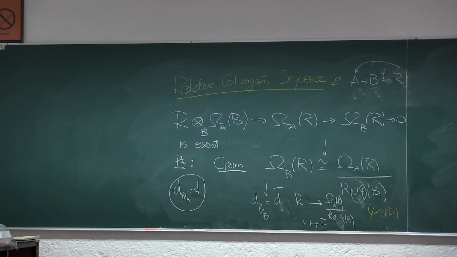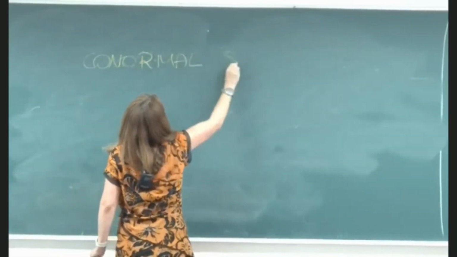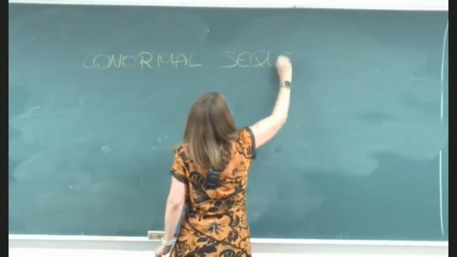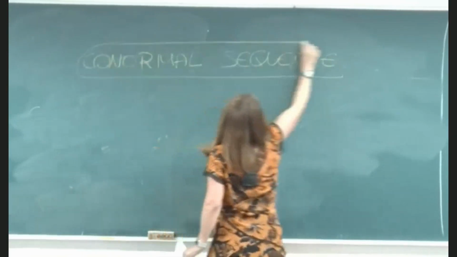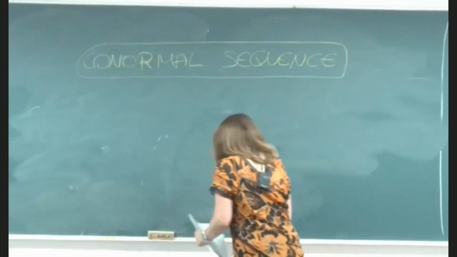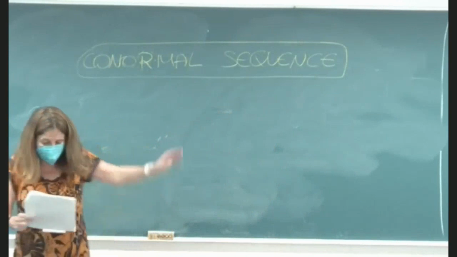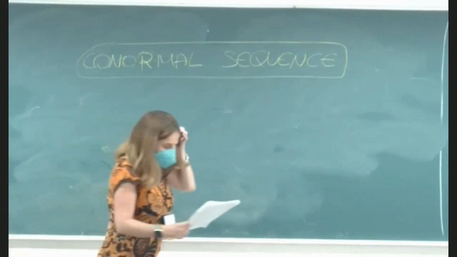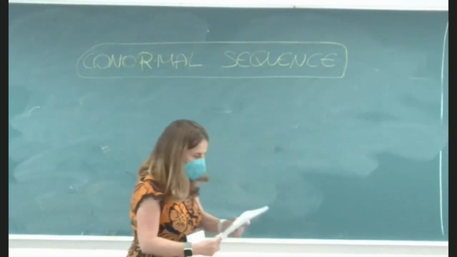Conormal sequence. So what is the conormal sequence? I'm going to get it from the relative cotangent sequence, but maybe it becomes even more important. And why is it called the conormal sequence? Because the conormal module is going to be there.